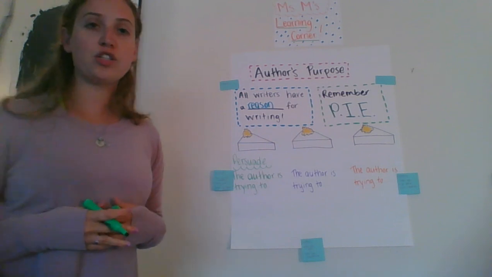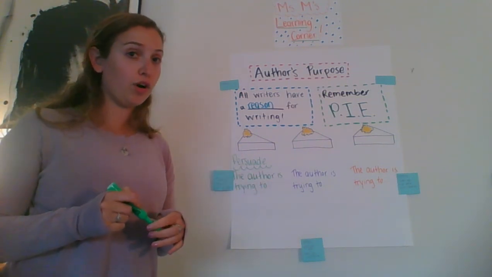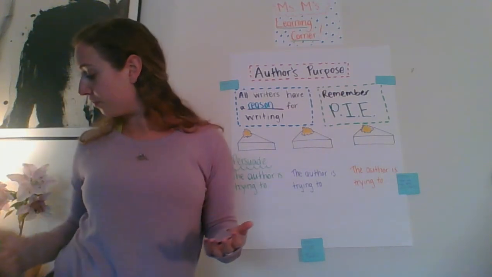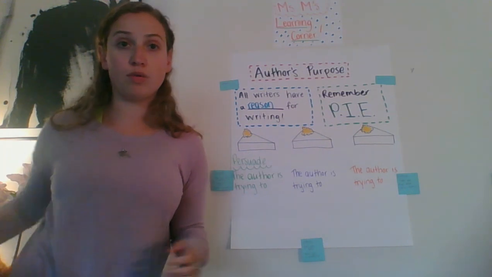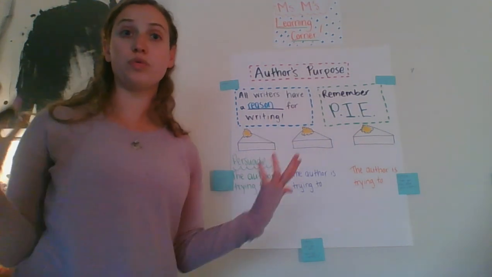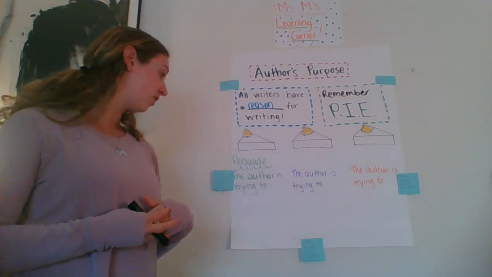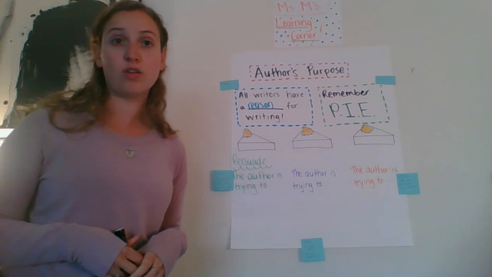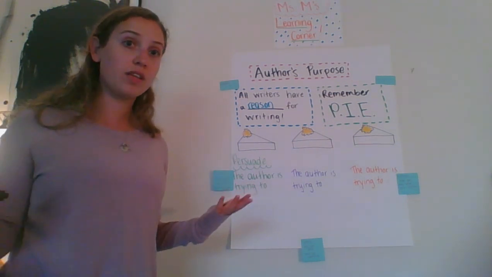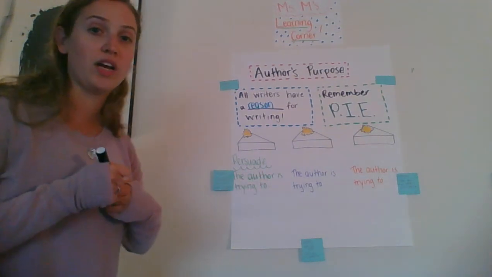When an author is trying to persuade you of something, which is probably a word you've heard before, especially in our persuasive writing unit, they're trying to do a few things. They might want to have you do something. They might want to change your mind, or they might want to make you believe something or change your opinion. So there's a few different things to be on the lookout for if your author is trying to persuade you.